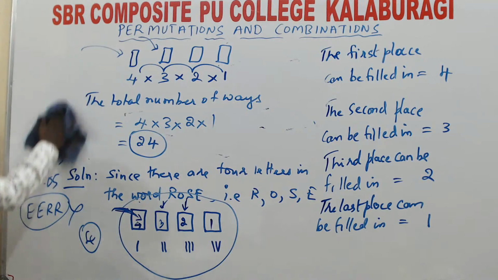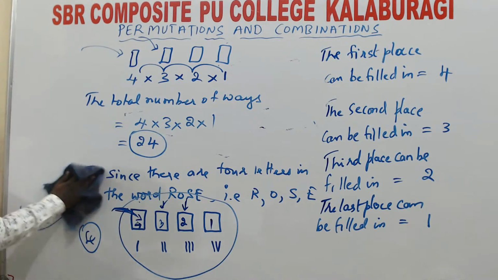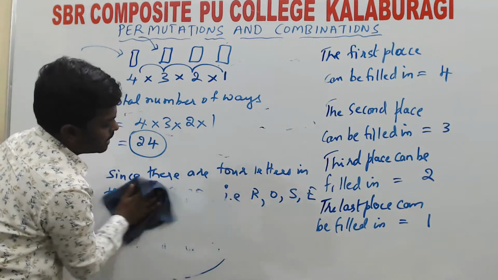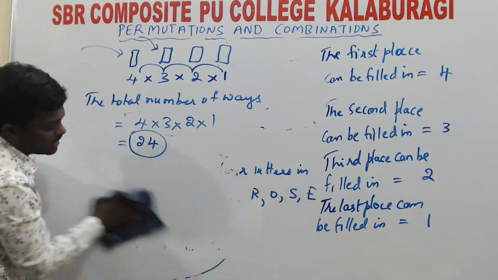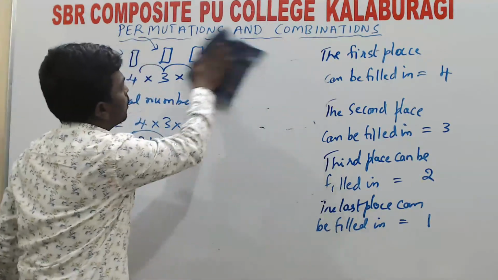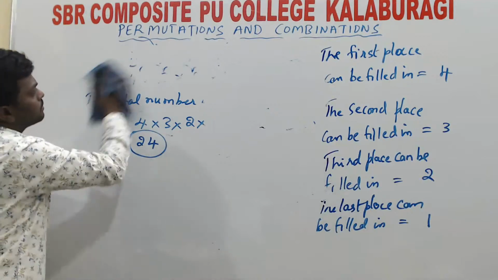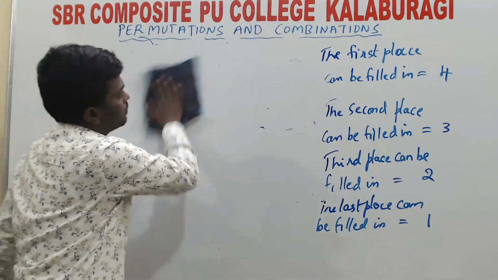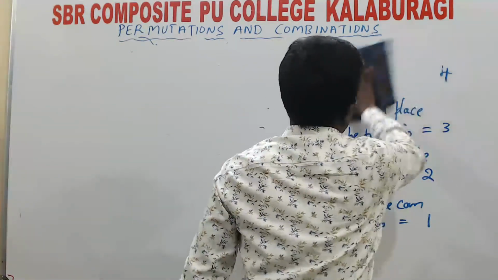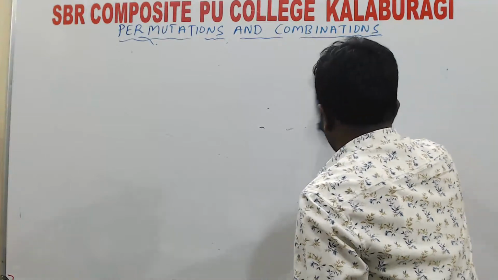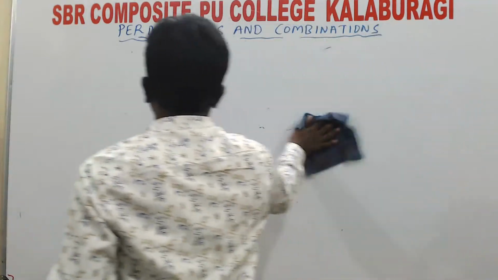So now let's see a condition. What if all the letters are repeated? If we can repeat all the letters, what will be the solution for that? Or how many words can we form? It's given in the note.